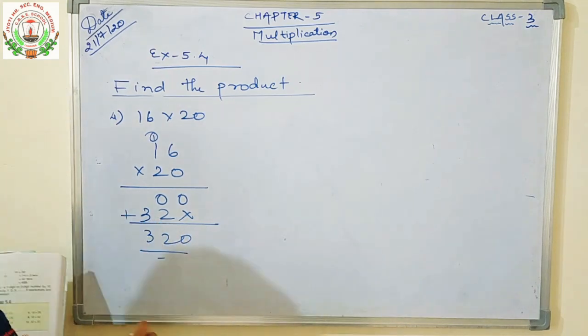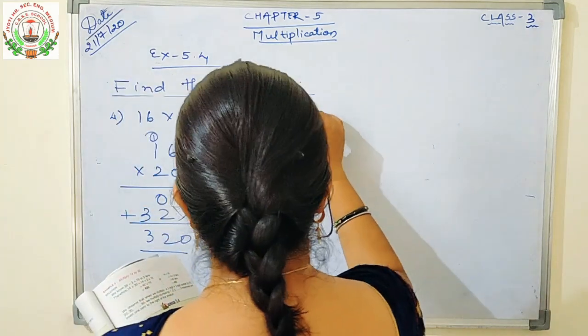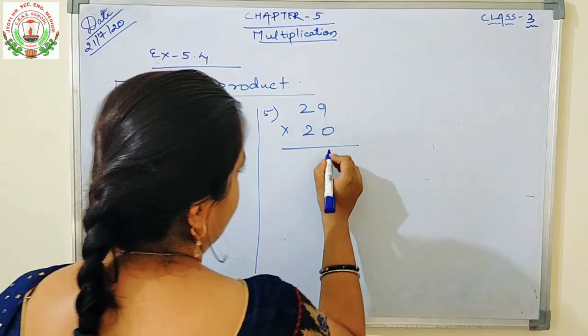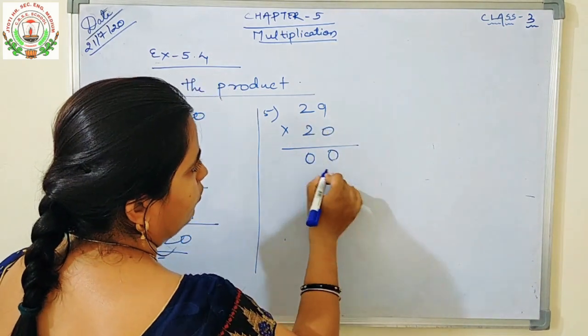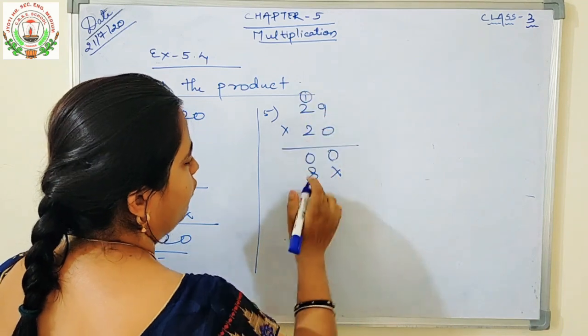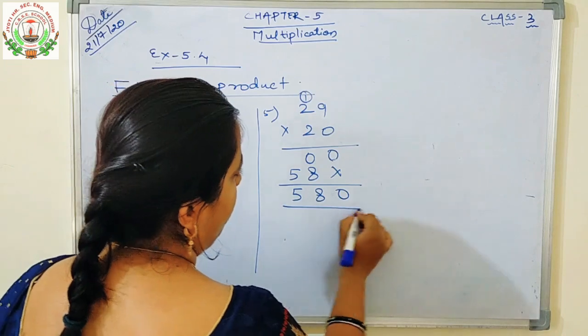The answer will be 320. Number 5 is 29 into 20. 0 9s are 0, 0 2s are 0, 2 9s are 18, 8, carry 1, 2 2s are 4 plus 1 is 5. So 0, 0, 8, 5.